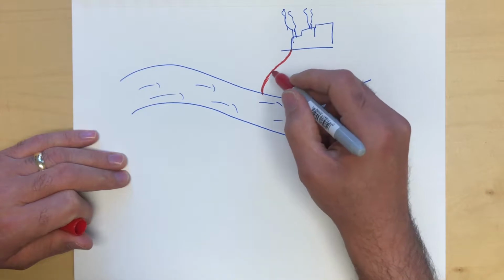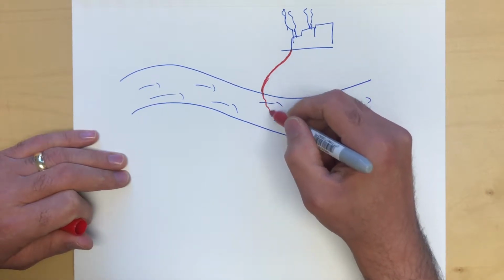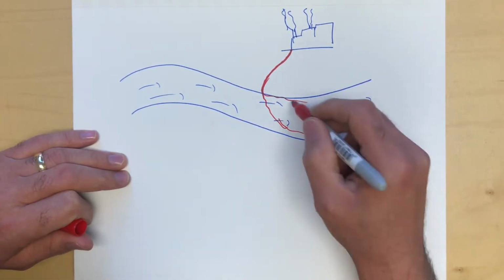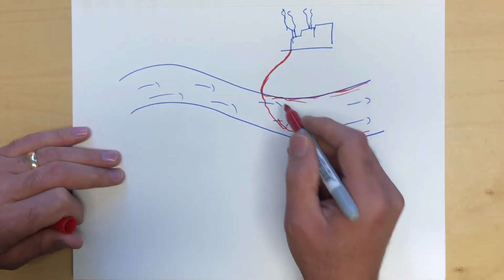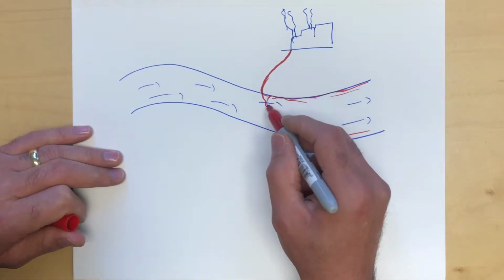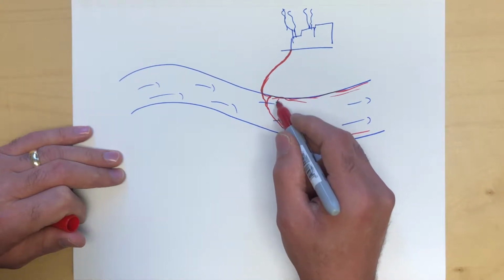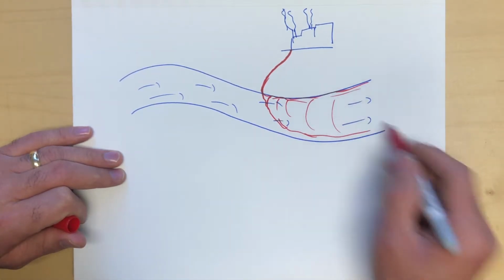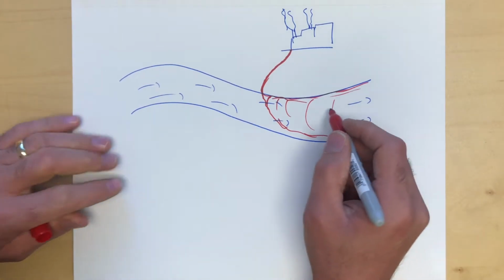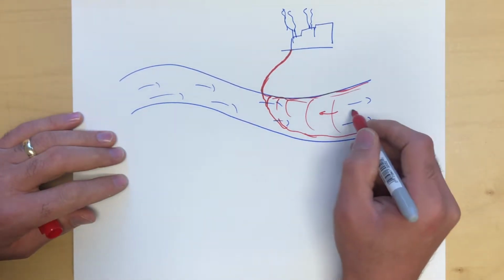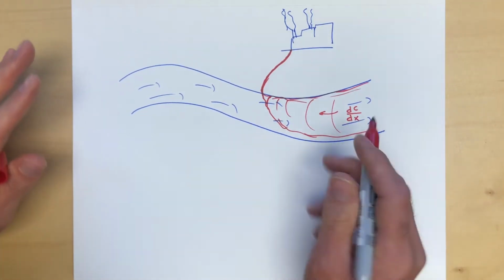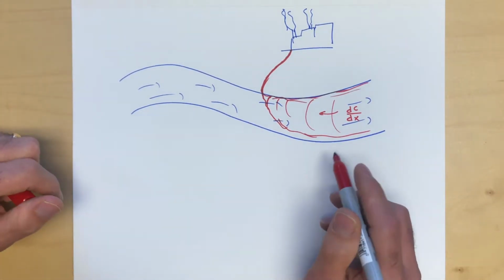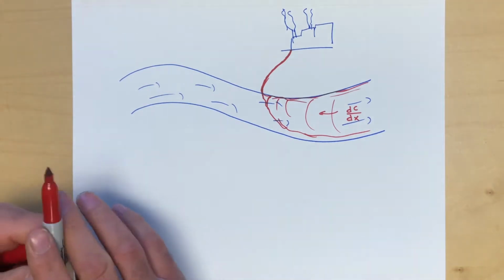Initially it's coming in with a certain concentration, and then the pollutant disperses throughout. You're going to have a very large concentration over here, and then smaller and smaller concentrations as you go along. So there is a gradient, essentially dC by dx. We're going to assume things in 1D right now before we extend it to 3D.